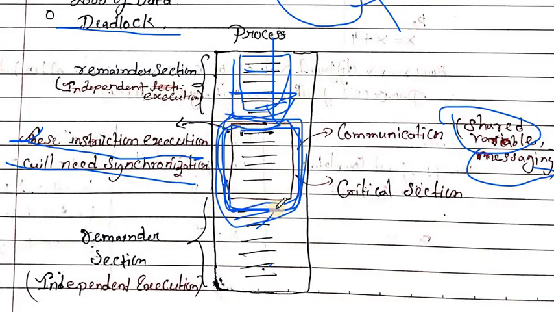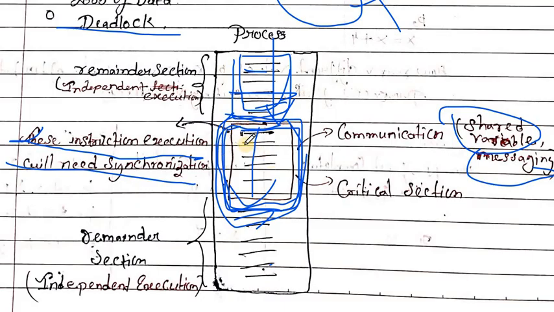And in this critical section we need to synchronize it. It means if two or three processes are executing this code, we need synchronization for when P1 will execute this code, when P2 will execute, when P3 will execute.